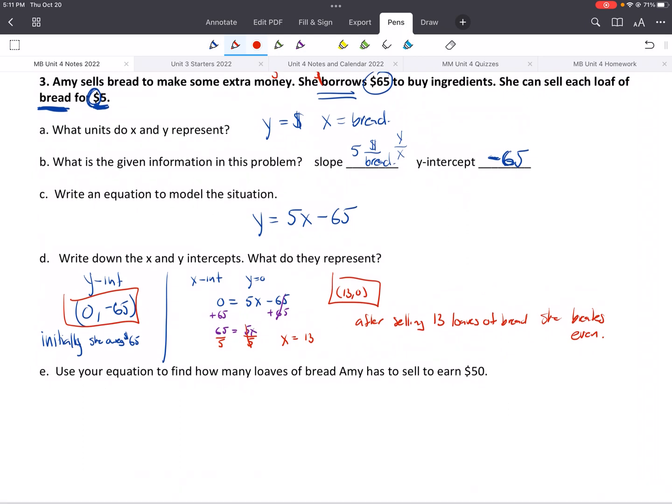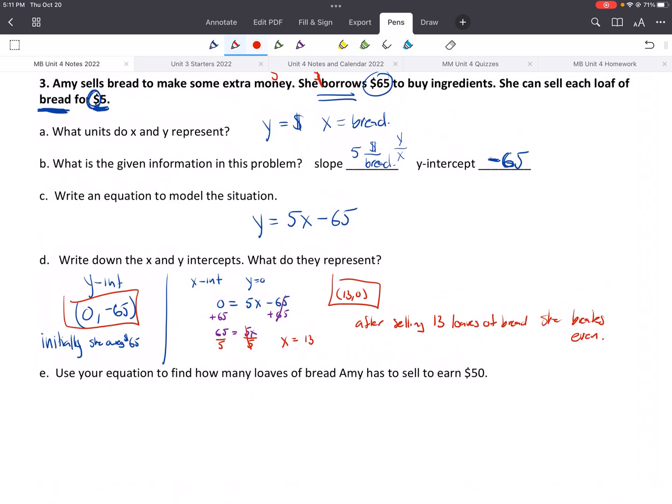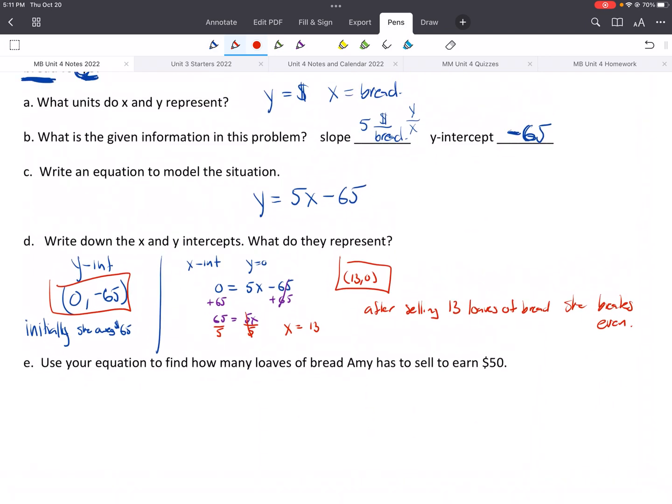Alright, and then we're going to use that equation to find out how many loaves of bread Amy has to sell in order to earn $50. So again, dollars represents y. Okay? So we'll substitute that in. So 50 equals 5x minus 65. And then we'll solve. So add 65.